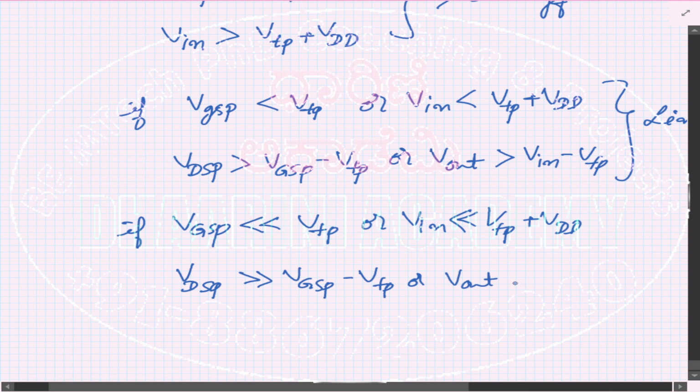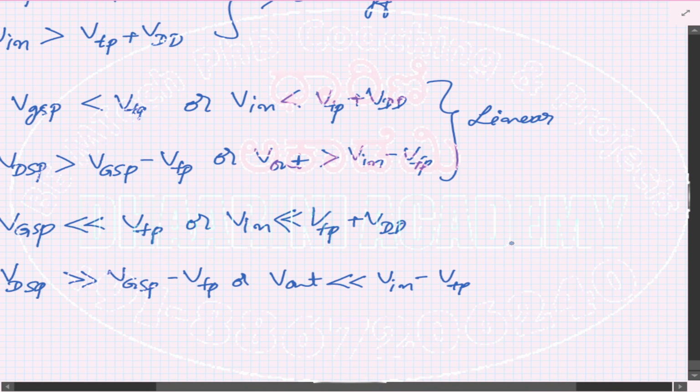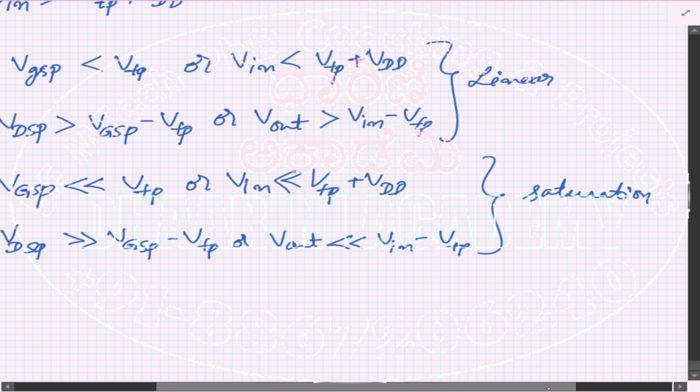So V out is much less than V in minus VTP. Okay, so these are the conditions using which you can decide whether the PMOS has entered into saturation. We need these equations later.